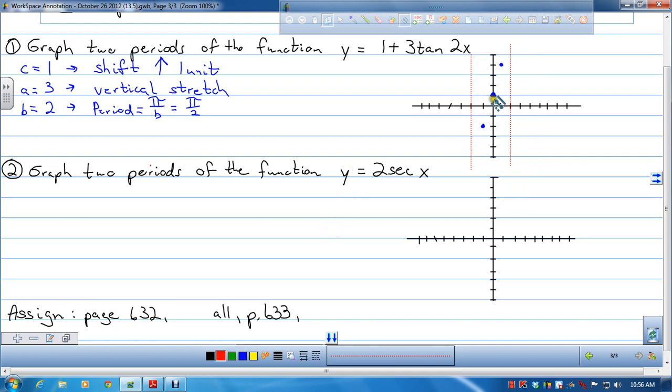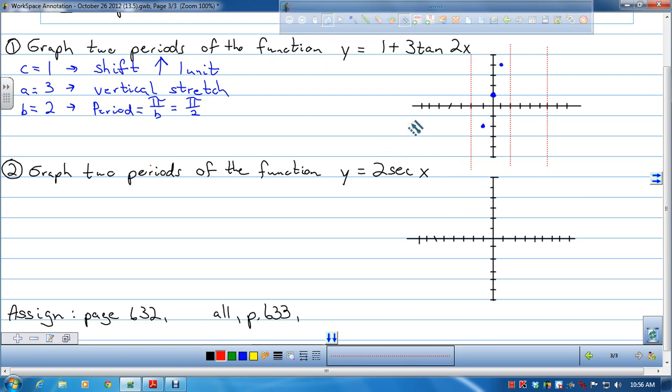If I go 1, 2, 3, 4 spots, about right there would be our other asymptote, because we wanted to graph 2 periods here.